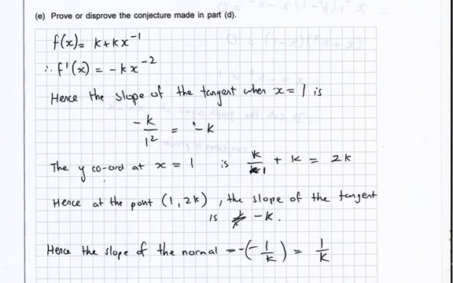This one is not straightforward, it is very open-ended, so you've got to be a problem solver. And the best way to do that is to think, well, what do they want me to find? And what they want you to find is they want you to find and prove your conjecture. You need to find essentially when the normal rejoins occur. So you've got to work backwards. Hopefully this makes sense. It might not be obvious at first, but just keep thinking, what do they want me to find?